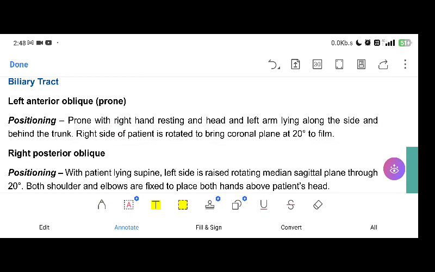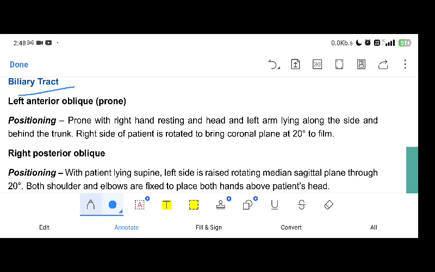For the biliary tract, we do a left anterior oblique prone view. Positioning is prone with the right hand resting, and the head and left arm lying along the side and behind the trunk.